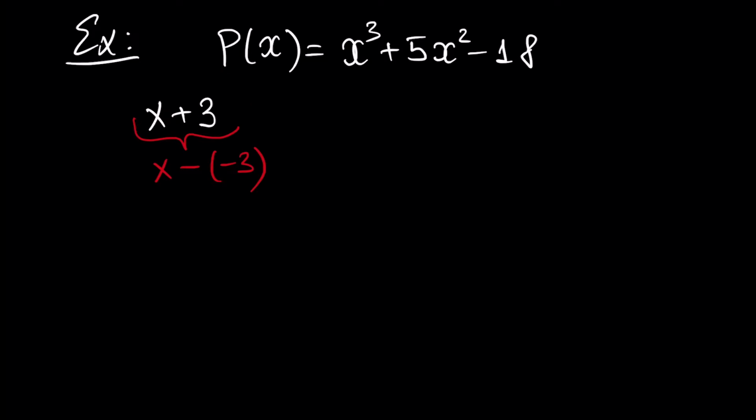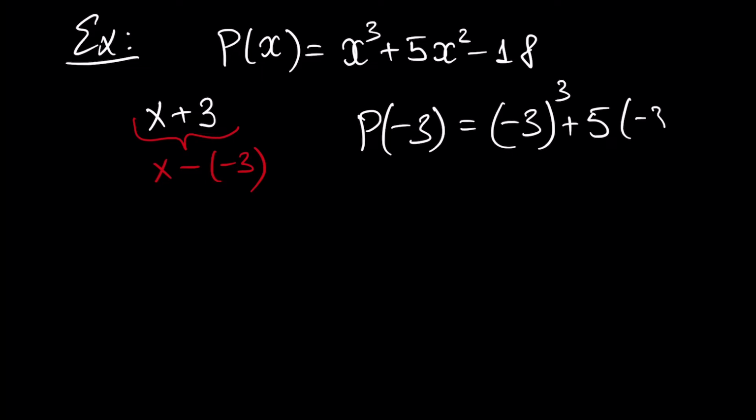And we know from Bezout theorem that in this case a remainder will be equal to p at the point minus 3. And if we calculate, we will have minus 3 to the power 3 plus 5 times minus 3 squared minus 18, which is equal to minus 27 plus 5 times 9 minus 18.